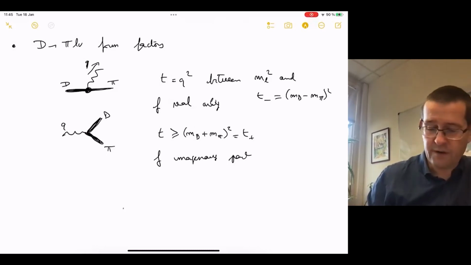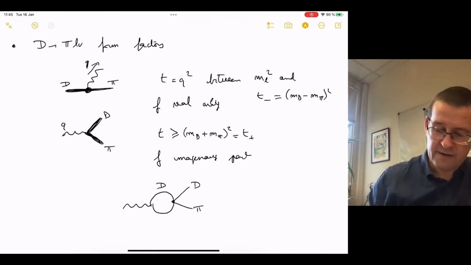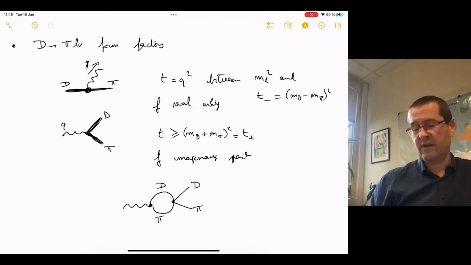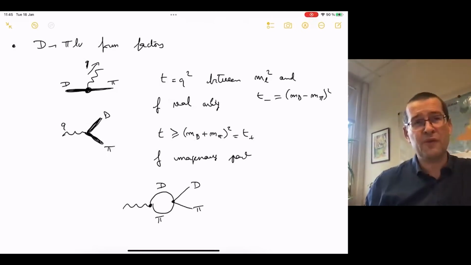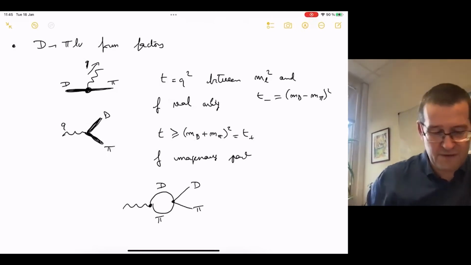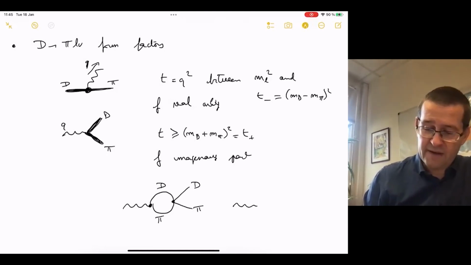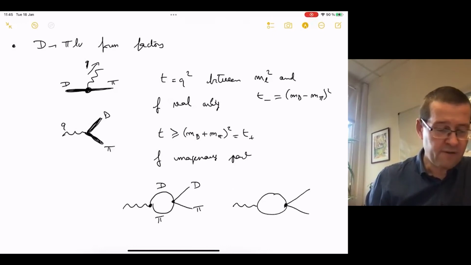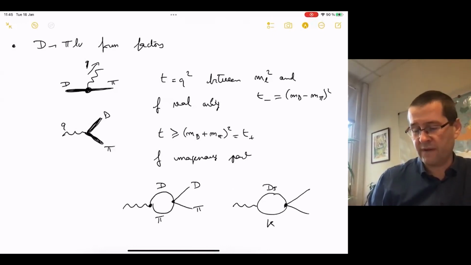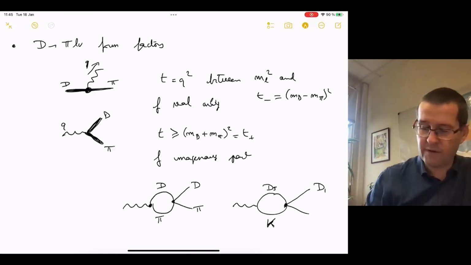Why is it so? It's because I can imagine having, for instance, a rescattering like this. And if q squared is larger than D pi, then obviously I can go through an intermediate state, which is D pi. And if I even increase q squared, at some point I can even go above other thresholds, for instance D_s K, which is also possible.